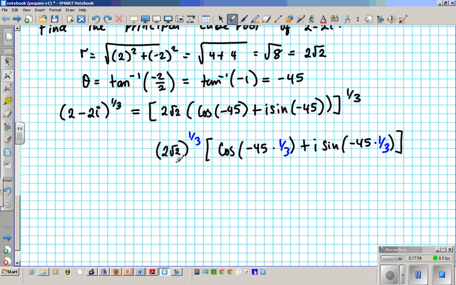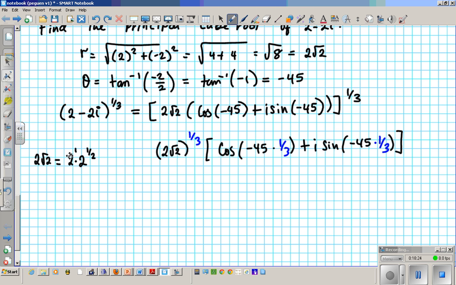Okay, what on earth is this 2 root 2 to the 1/3? This is a complicated problem, so let's do that on the side. What is root 2 as a fractional power? Since the root is 2, the denominator is going to be 2. So 2 root 2 is basically 2 times 2 to the 1/2. Any number without a power has power 1.